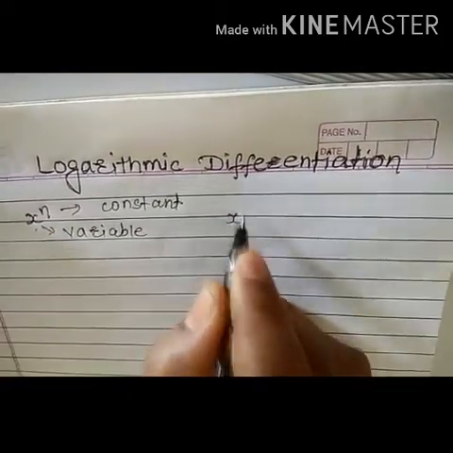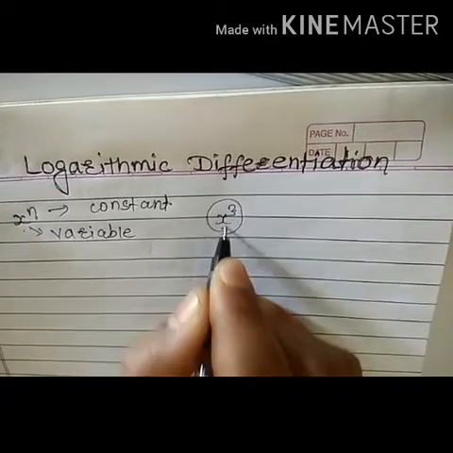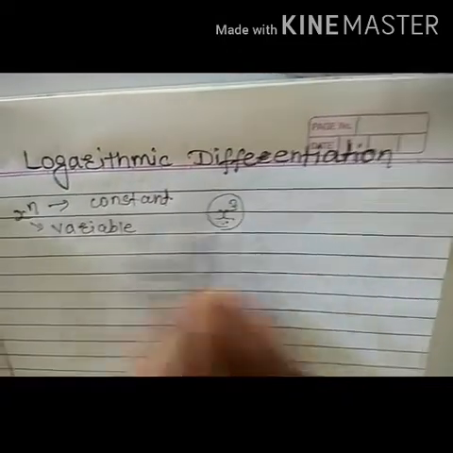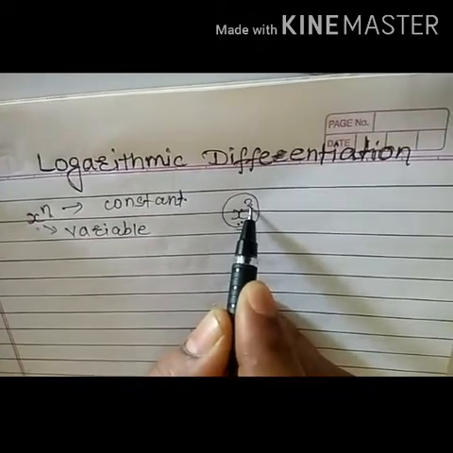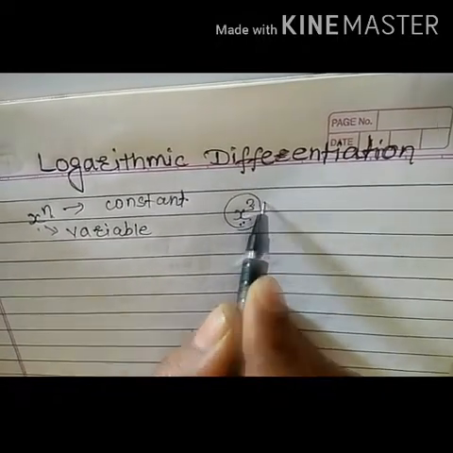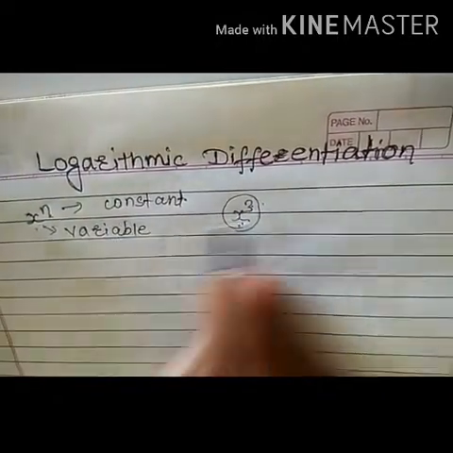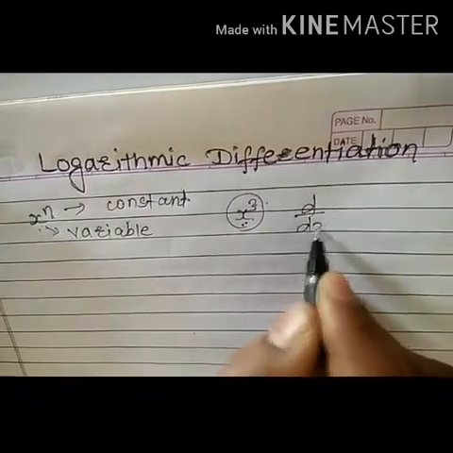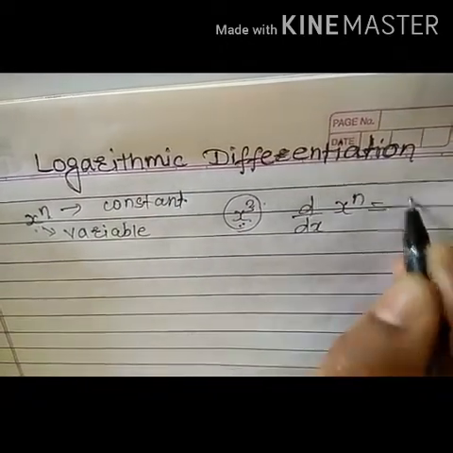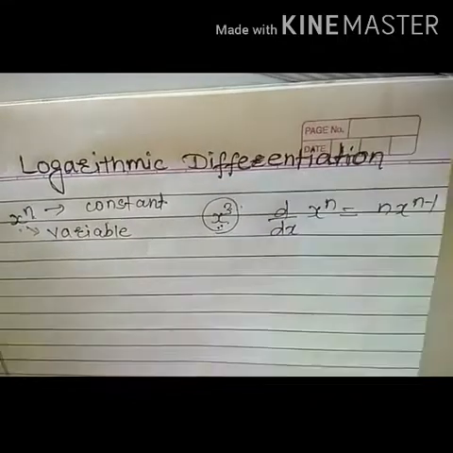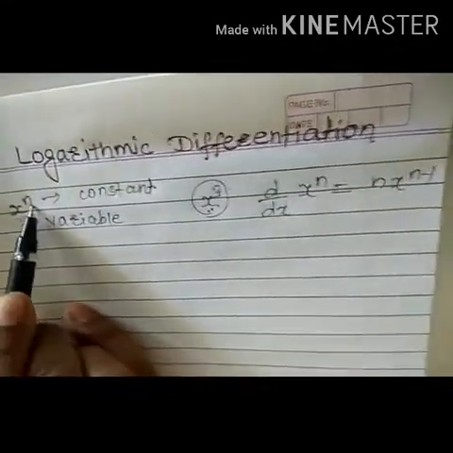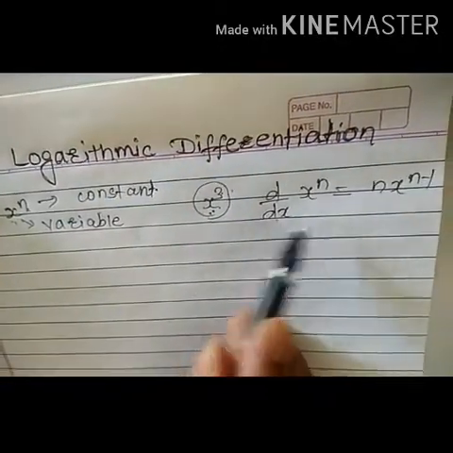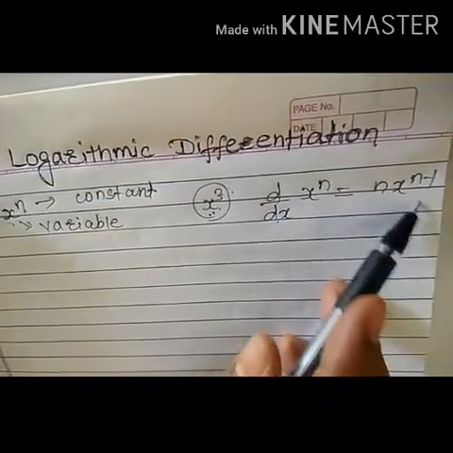For example, x cube is the function, where x is the variable and 3 is the constant. Then we use the formula of the derivative of x raised to n, which is n into x raised to n minus 1. When the base is variable and the power is constant, you use this formula.